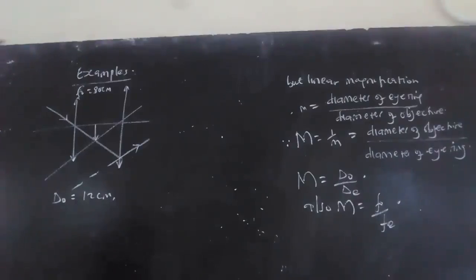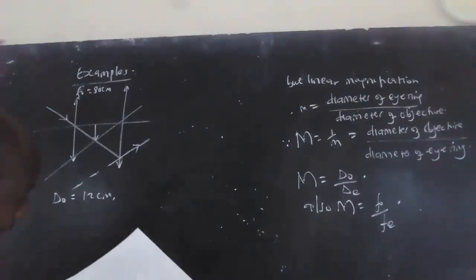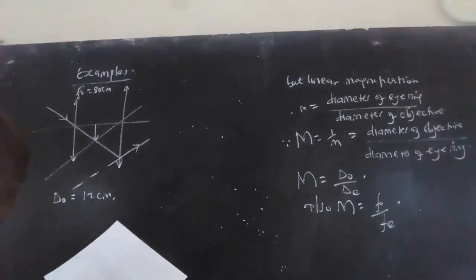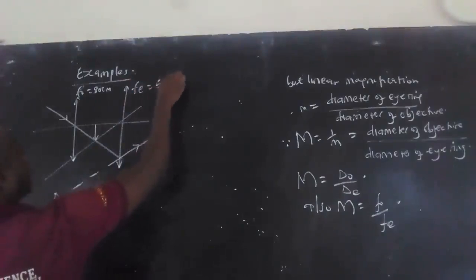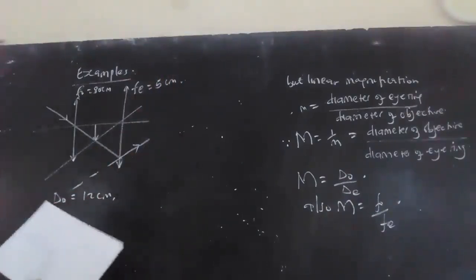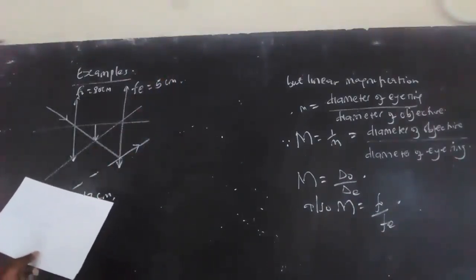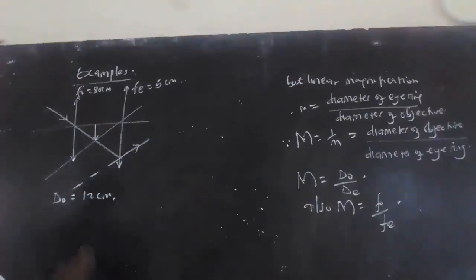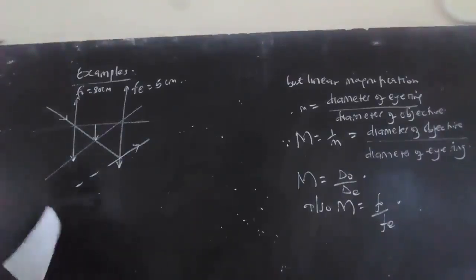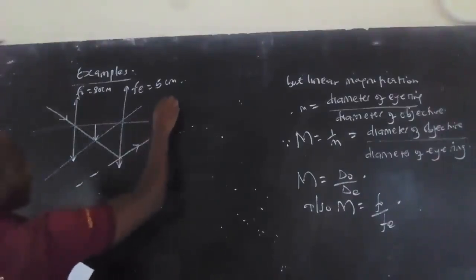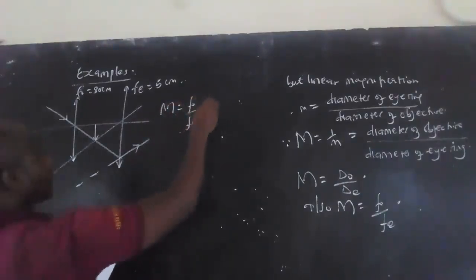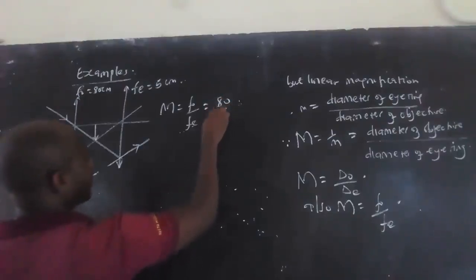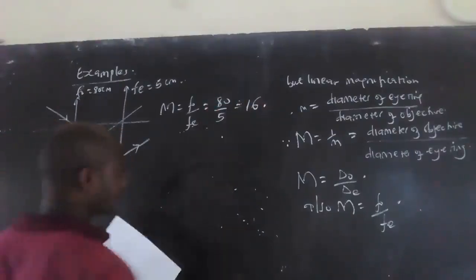If the eyepiece has a focal length of 5, FE is equal to 5. Correct? If an eyepiece has a focal length of 5, find the magnifying power. So, in normal adjustment, the final image at infinity, magnifying power is given by F0 over FE, which will become 80 divided by 5, giving us 16.